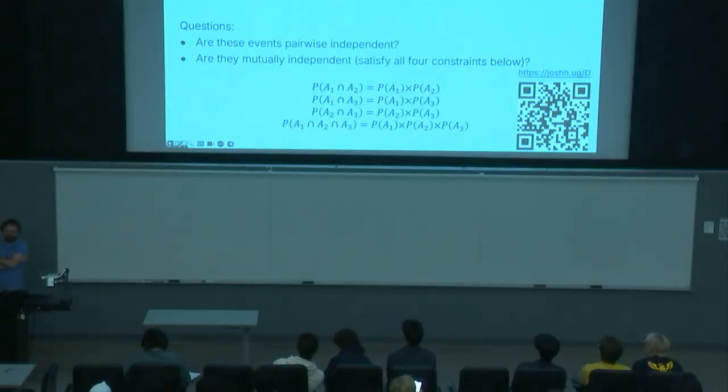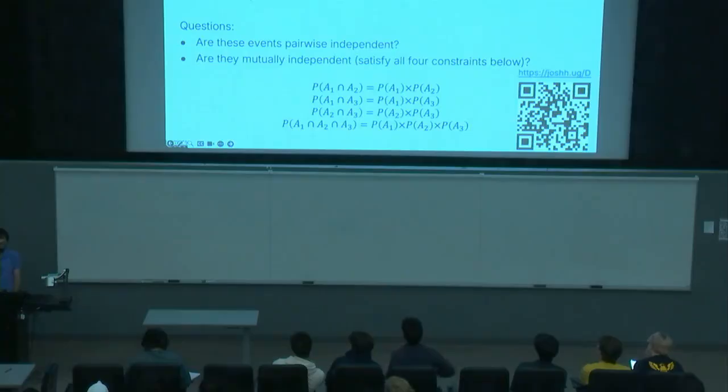If I know the first flip is heads, does that tell me anything about whether the second flip is heads? No. Does it tell me anything about whether both flips are the same if all I know is that the first flip is heads? No, that seems fine. Okay, similar argument for 2. Like 2 doesn't tell me anything about 1 or 3. How about if I know that both flips are the same? Does that tell me anything about whether the first flip is heads? No, if all I know is that.